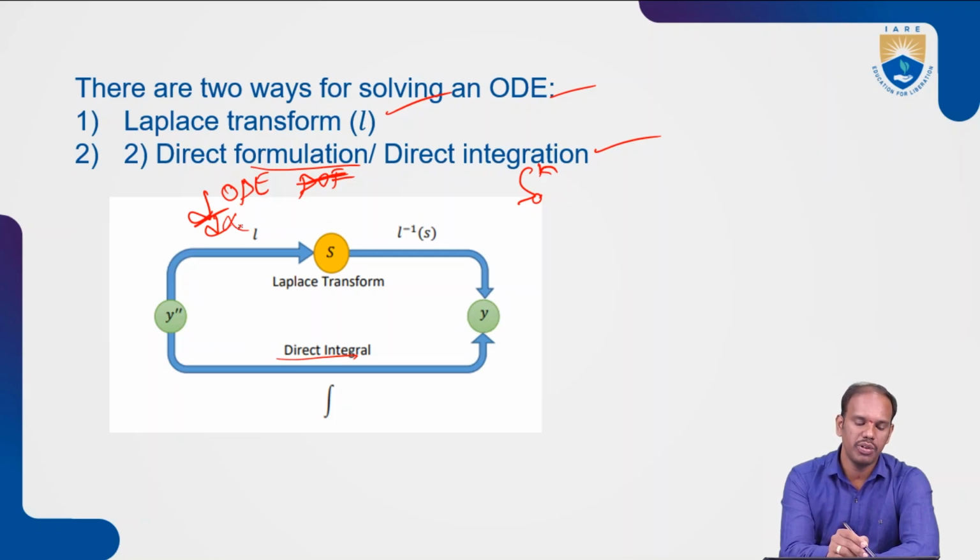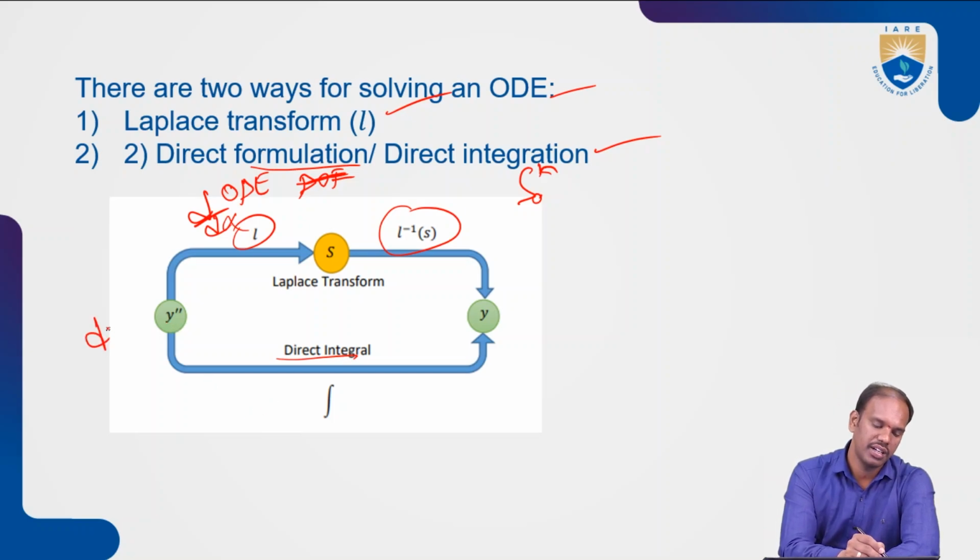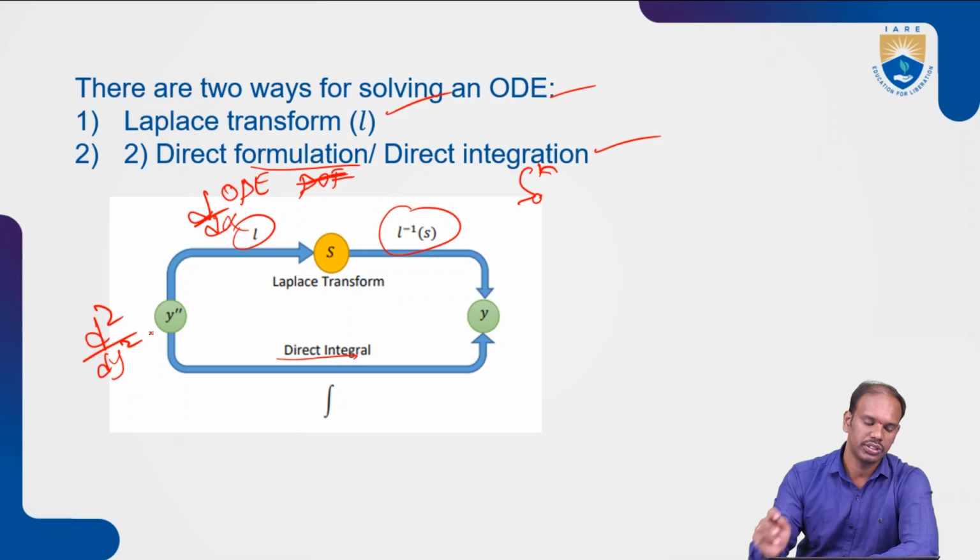We give the input as L, and by using Laplace transformation it gives the output as the Laplace inverse of S. We can go for this integration, which is also the same, where y double dash is d square y by dx square, right? So that will be called d double dash, and we can give this as an input of y, right?